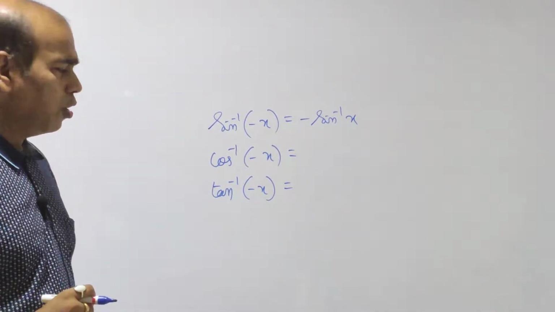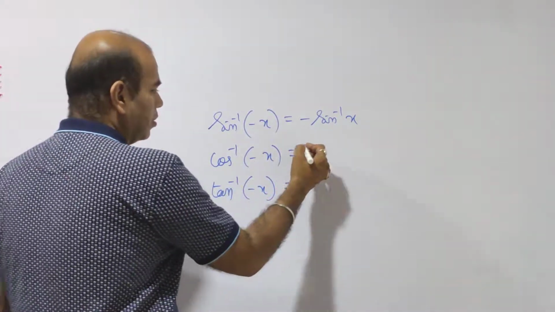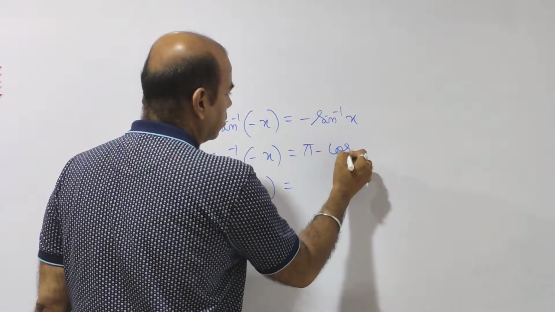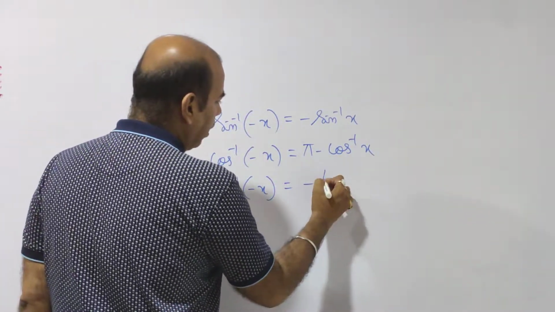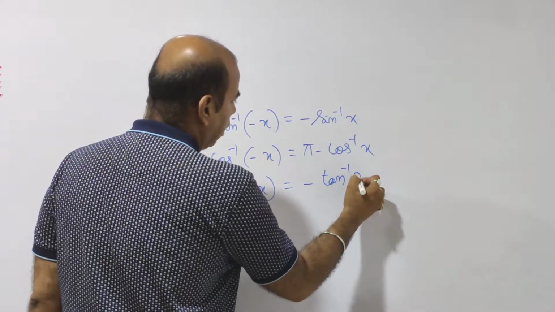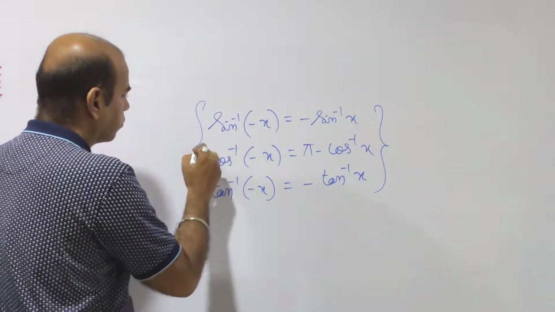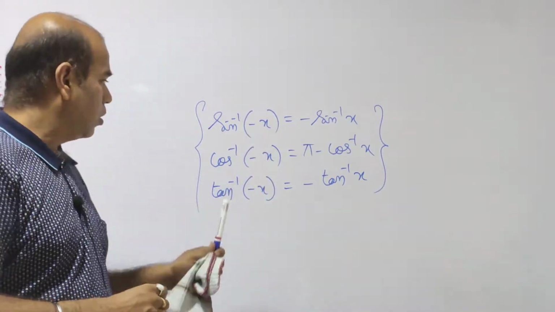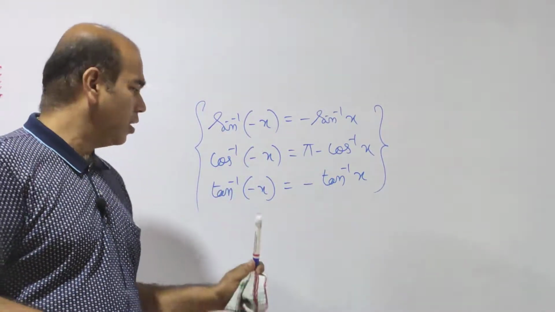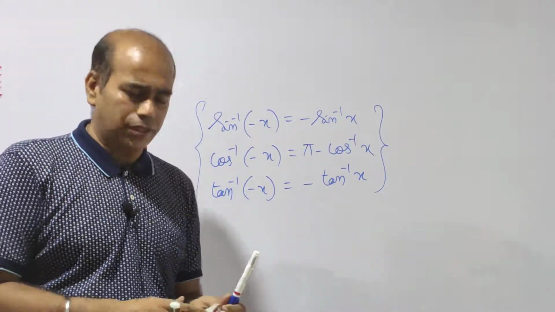But when it is cos inverse minus x, it becomes pi minus cos inverse x. Tan inverse minus x is minus tan inverse x. That is actually for sine inverse minus x, cos inverse minus x and tan inverse minus x.